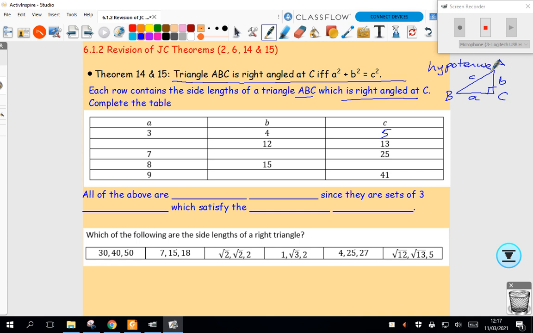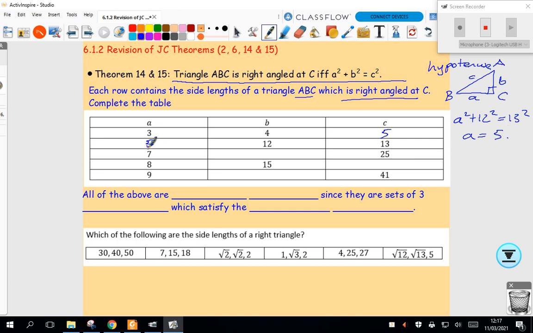Three squared plus 4 squared is 5 squared. Something squared plus 12 squared is 13 squared. You can work this out. If you solve that equation, a squared plus 12 squared equals 13 squared, you're going to find that a is equal to 5.